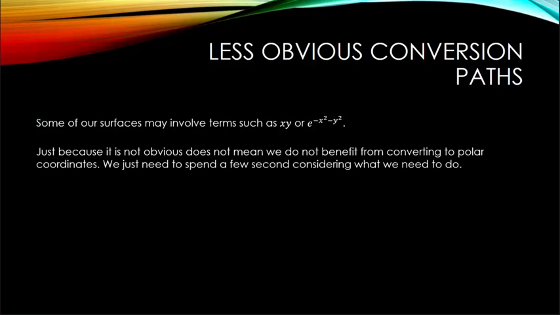Just because it's not obvious that I have x squared plus y squared or something very straightforward, it doesn't mean that I won't benefit by converting to polar coordinates. I may need to spend a little time just playing with some ideas about converting it.